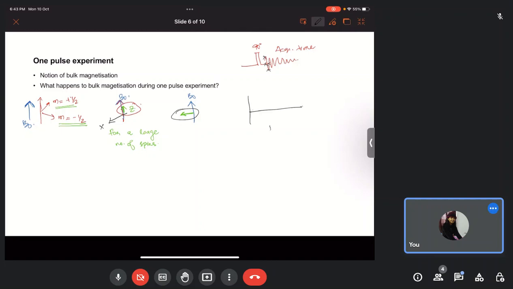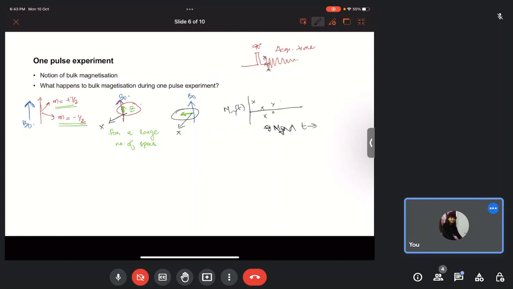If this is the x-axis, this is going to be minus y. So M minus y of t, at different time points, you detect the magnitude.